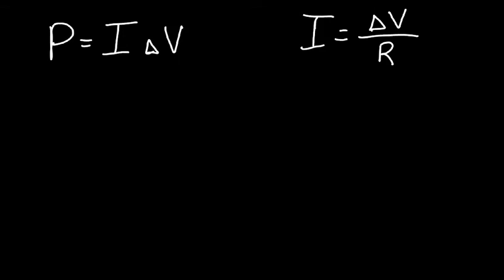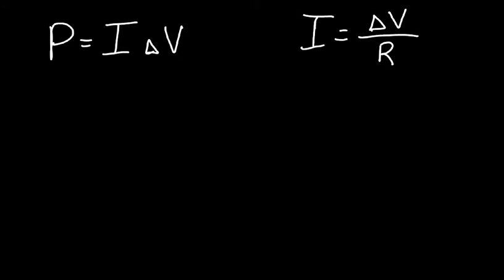Now, for a resistor, so long as it's an ohmic resistor, as they will be when we deal with them typically, we also have this rule that we call Ohm's Law, I equals delta V over R. And so with some clever substitutions, we can generate two different forms for the power equation. These ones aren't given to you on your equation sheet, so it's worth remembering that you can combine these two equations.